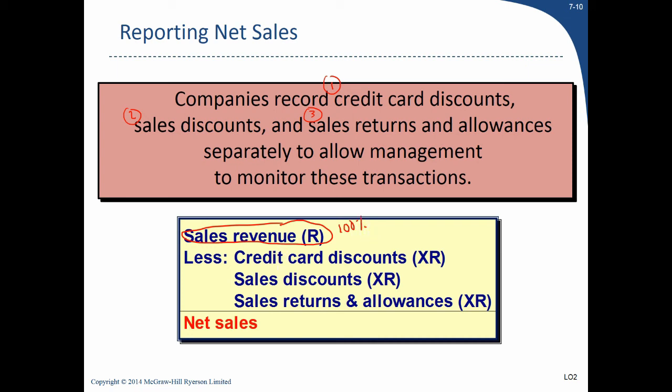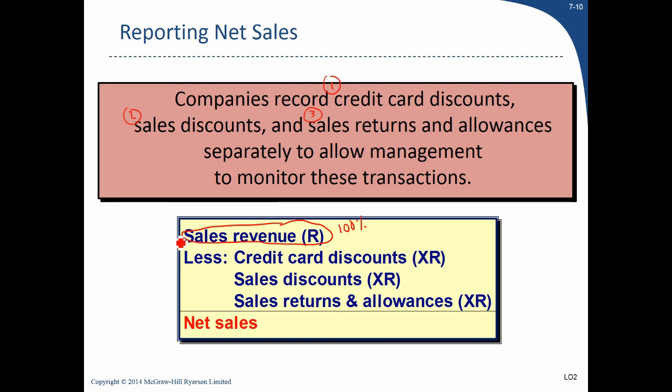When a customer returns something, we don't reverse the original transaction to recognize the revenue. We don't debit revenue. In fact, we debit sales returns and allowances. When a customer takes the sales discount, we don't debit sales revenue, we debit the sales discount. This way we can keep track of the numbers separately.